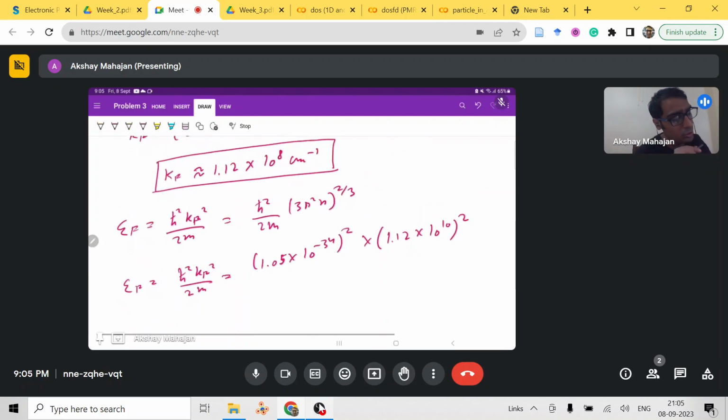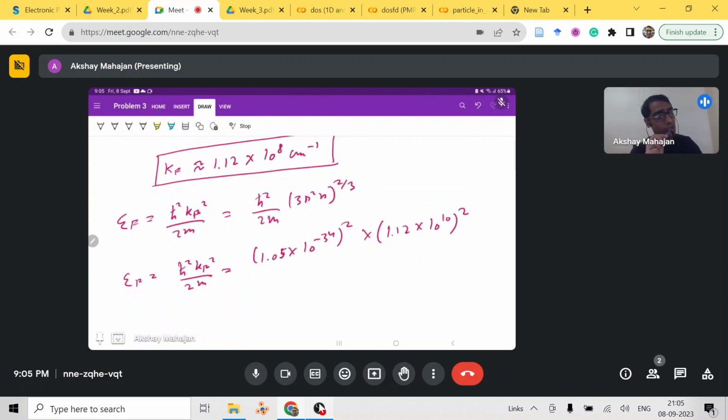We calculated 10 to the power 8 in centimeter inverse, so you have to convert it to meter inverse. 1 meter equals 10 to the power 2 centimeter, so 10 to the power 2 meter inverse will be equal to 1 centimeter inverse.